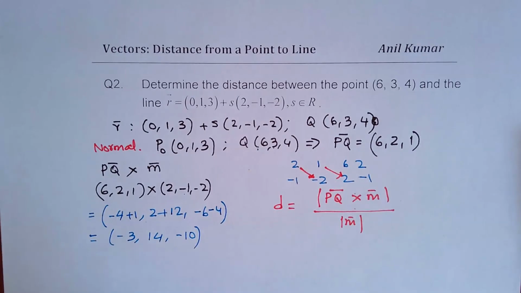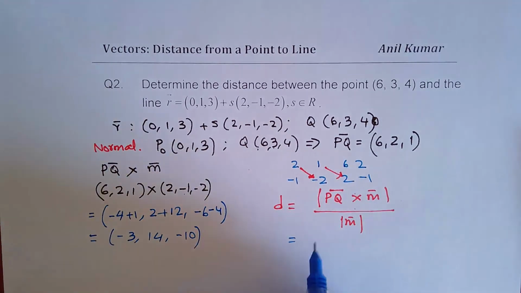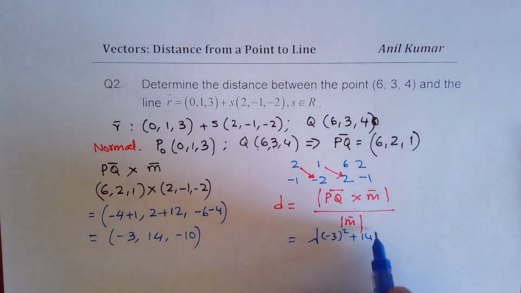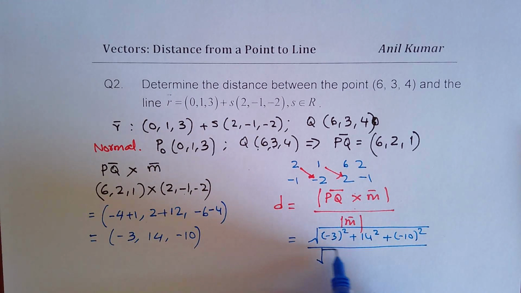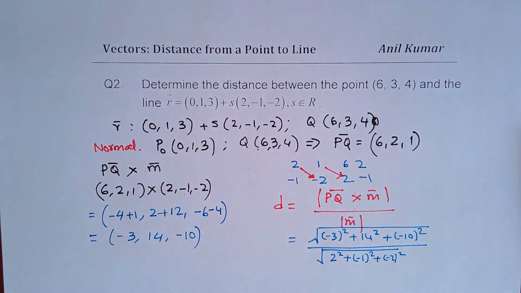So the magnitude is the square root of minus 3 square plus 14 square plus minus 10 square, divided by the magnitude of M, which is the square root of 2 square plus minus 1 square plus minus 2 square. That gives you the required answer.